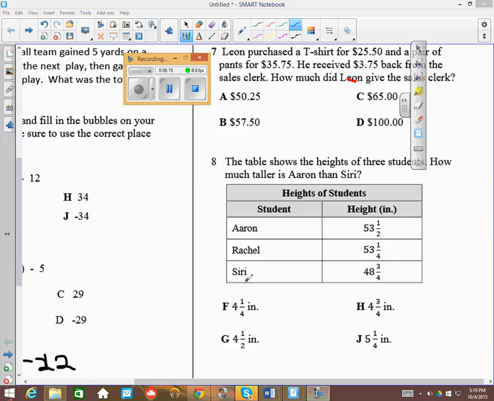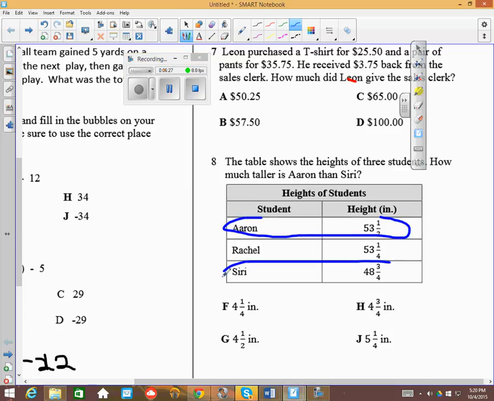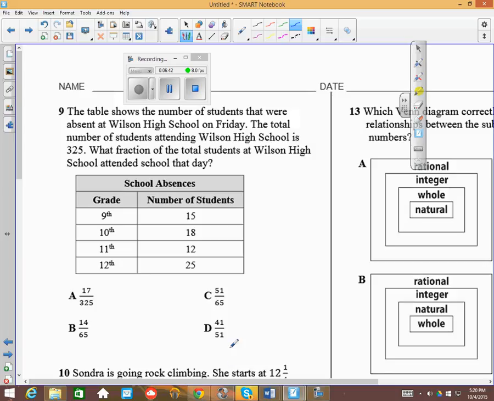Looking at number 8, the table shows the height of 3 students. How much taller is Aaron than Siri? You have Aaron, and you have Siri, and it says taller. How much more? How much taller? This is a subtraction problem, so you would subtract, and the answer is H. Okay.